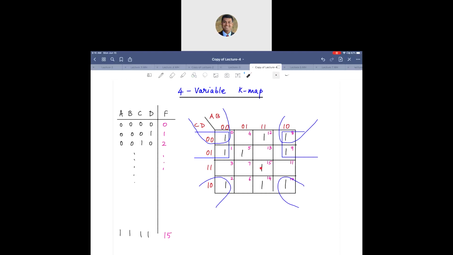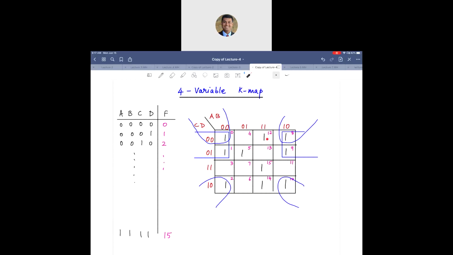Notice cell number 15 can only be combined with cell number 14. Cell number 14 has other options though. Cell number 14 can be combined with cell number 12 also. 12, 8, 14, 10. You can make that.